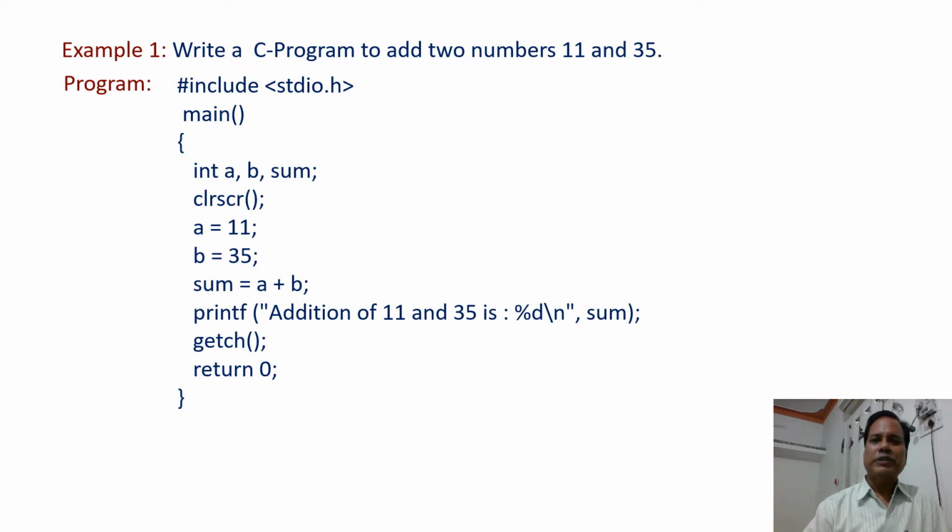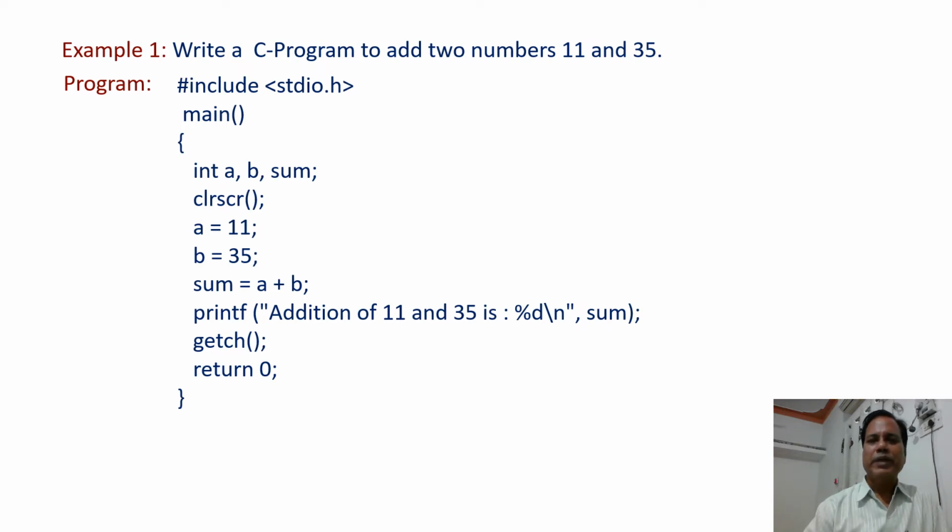Using the first statement int a, b, sum; we define and declare three variables a, b and sum. A for taking one integer data, b for taking another integer data, and sum for holding their addition result.